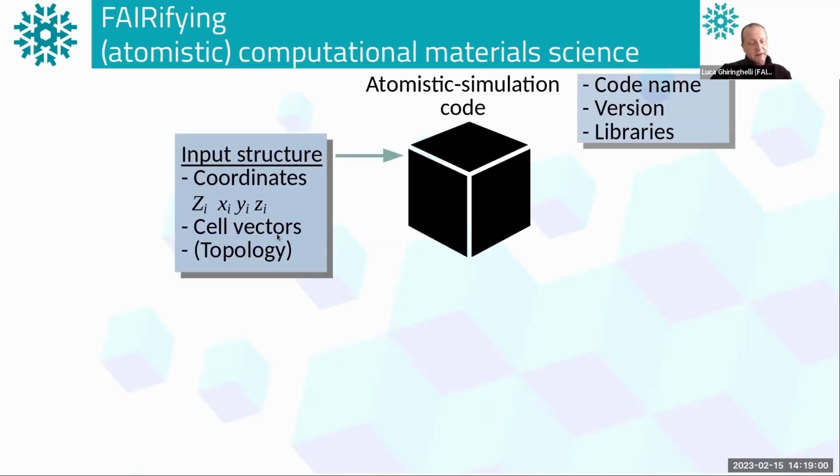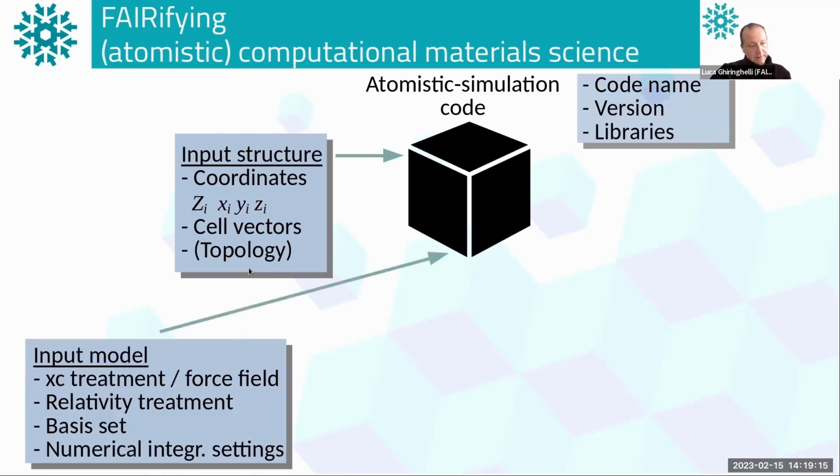And then typically, if we do a calculation, we have some input structure, coordinates, information on the cell vectors, and if we are doing a force field calculation, we may also give the bond topology of the structure. And then we have some physical model, or overall input model.